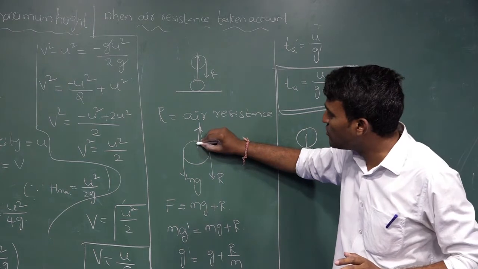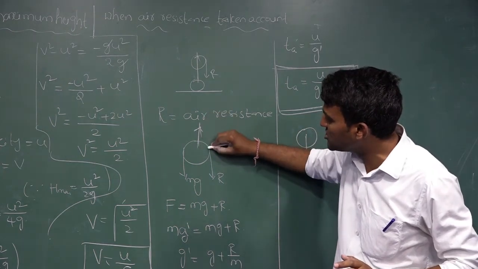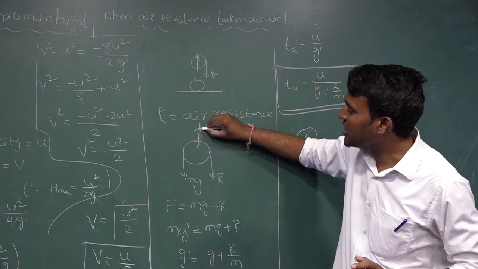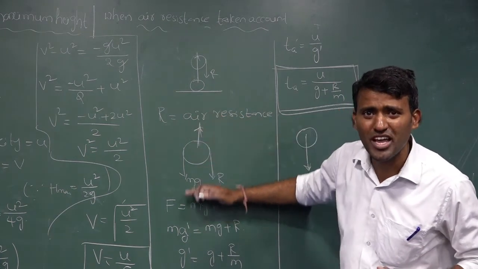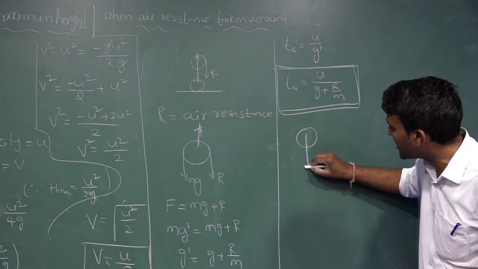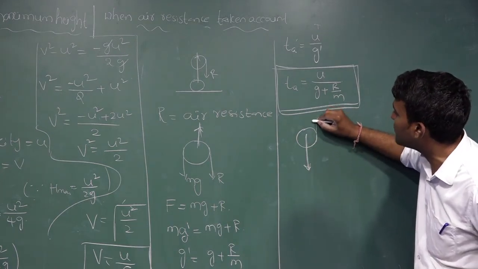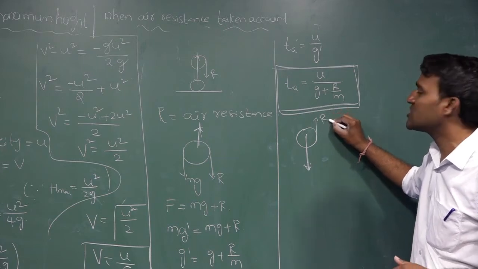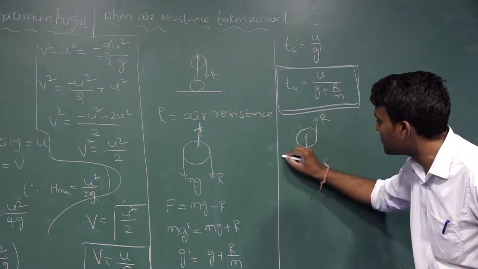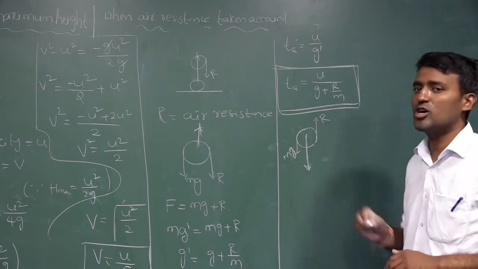When the object is going upward, resistance is downward, because the opposing force should be downward, isn't it? Now when the object is moving downward, the opposing force should be upward. So the resistance force is upward, and the weight of the object is downward.